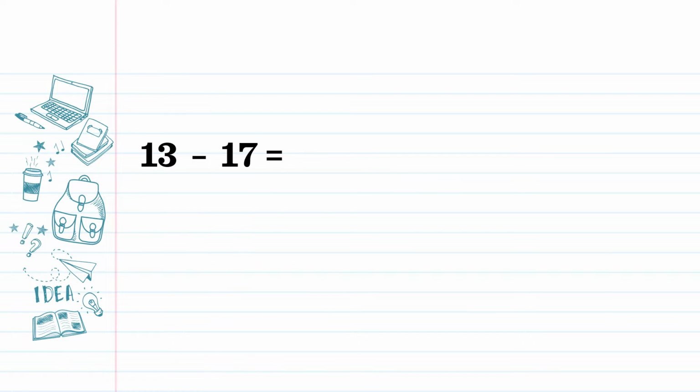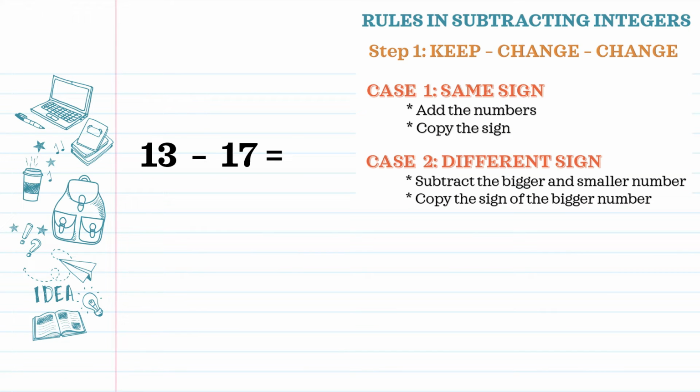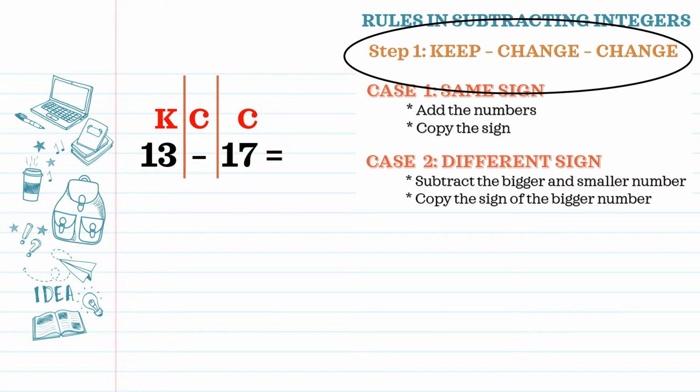Next, we have positive 13 minus positive 17. Let's do the keep, change, and change. Keep positive 13, change subtraction to addition, and then change positive 17 to negative 17, or its opposite.